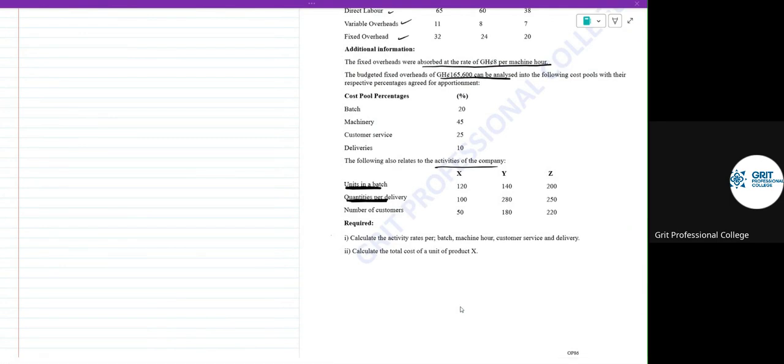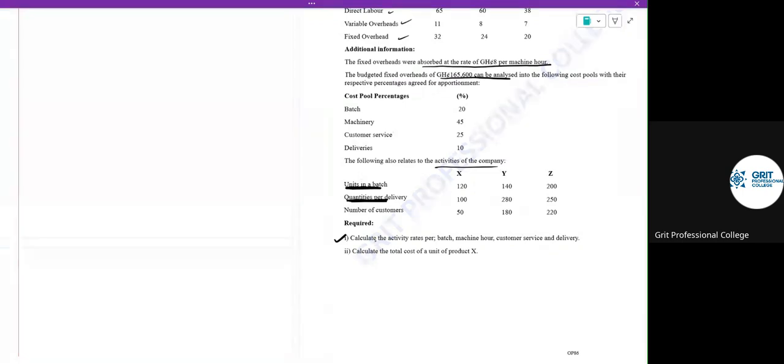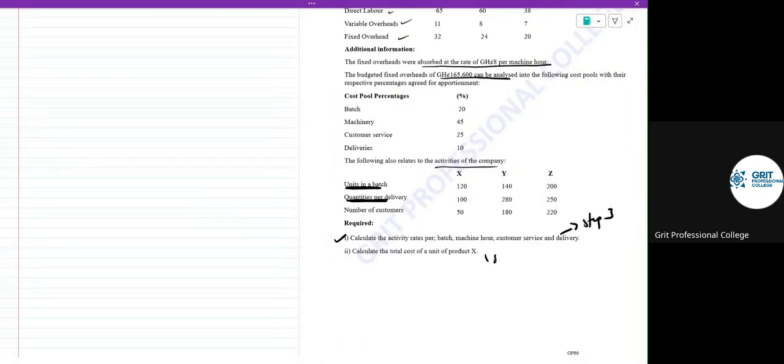So you know it is telling me to tackle step 3 of the 5 steps, which is calculate the cost driver rate. So please know the 5 steps. And then it says calculate the total unit cost, which is basically step 5.